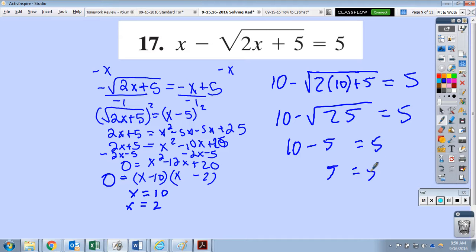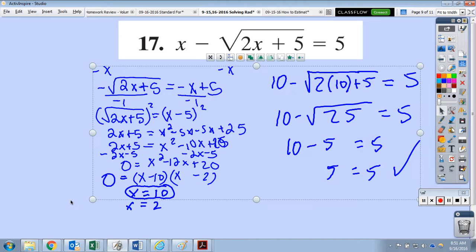So 5 equals 5. So this checks. So we know that this is definitely a solution. But the 2 doesn't work? We'll see. I don't know. I haven't checked it yet. Let's see. Check it in your head; it doesn't look like it works. They both might work.